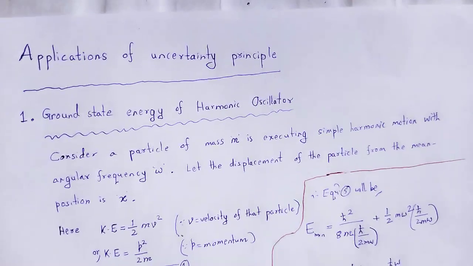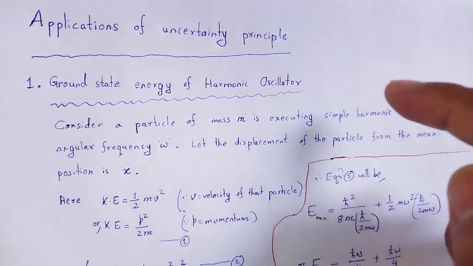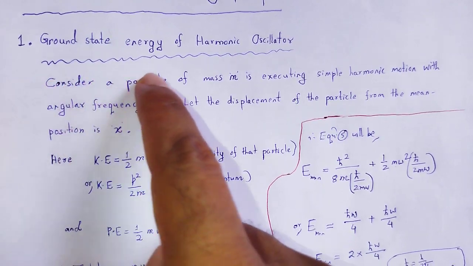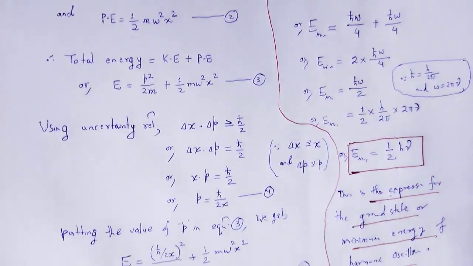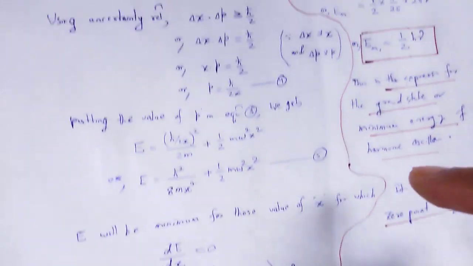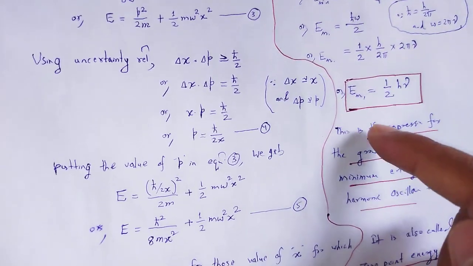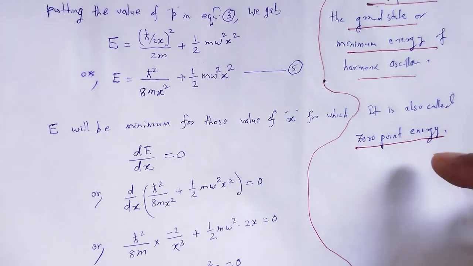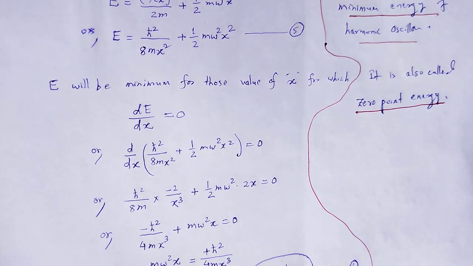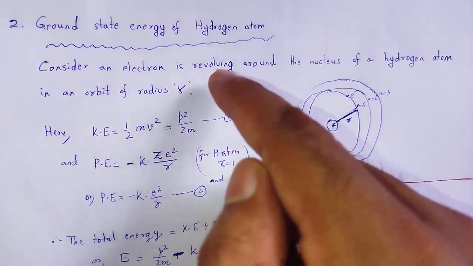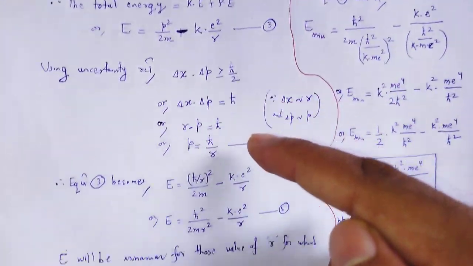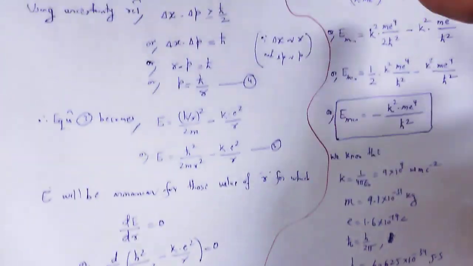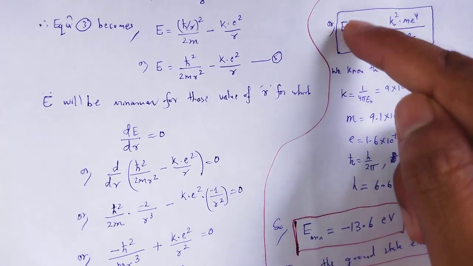So, with the help of this video lecture we understand applications of the uncertainty principle. First we calculated the ground state energy of the harmonic oscillator. This is the ground state energy half h nu, which is also called zero point energy. Next, the ground state energy of hydrogen atom.